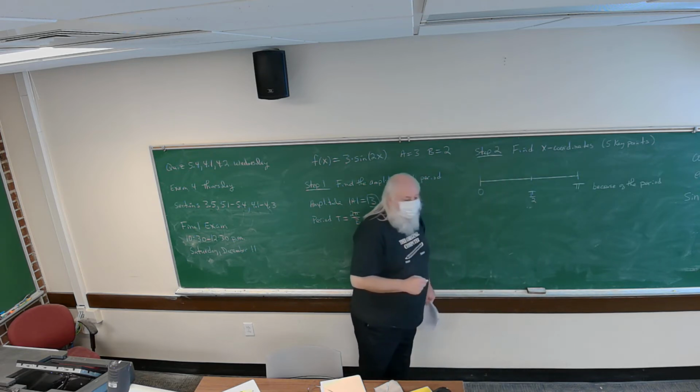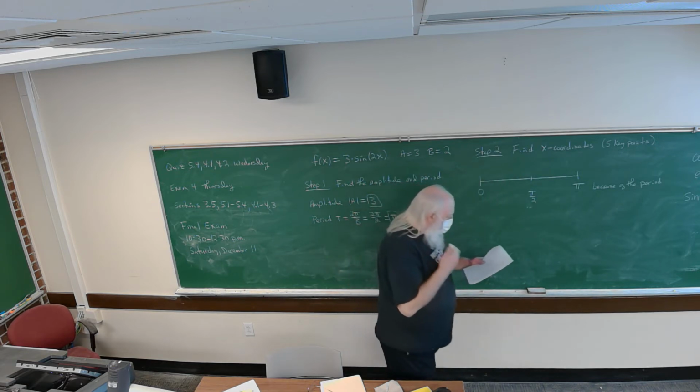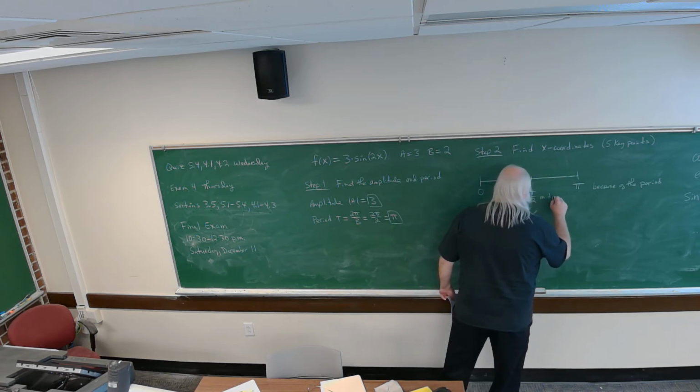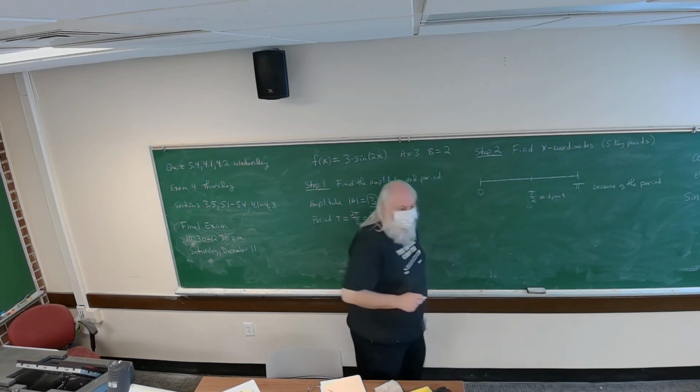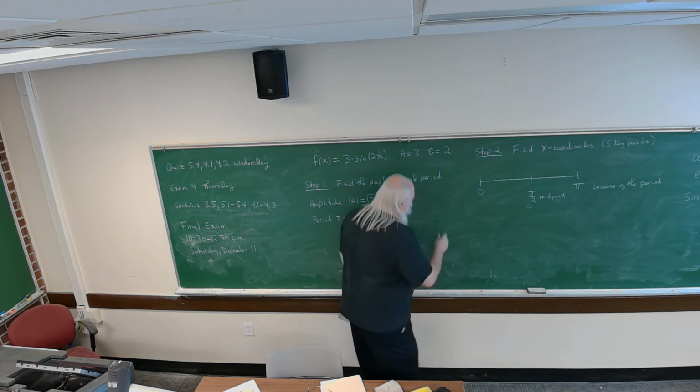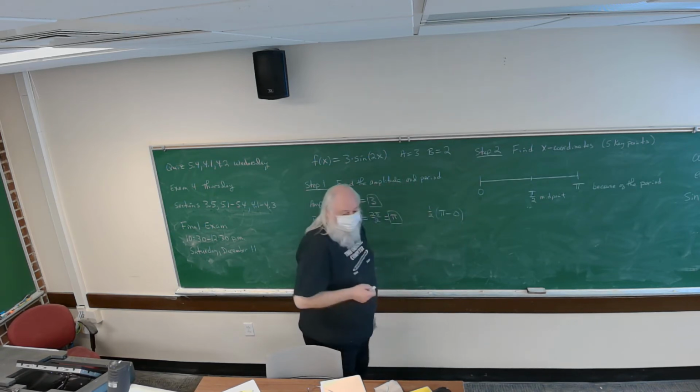So that's the middle x coordinate. Technically, you take pi minus 0, that's the distance between pi and 0, and then multiply by 1/2, and you get pi over 2.